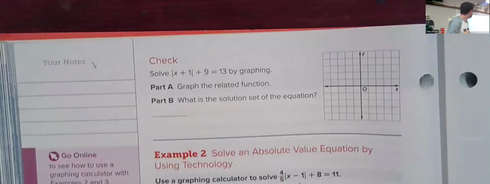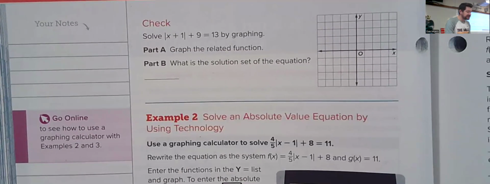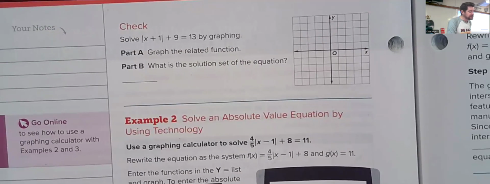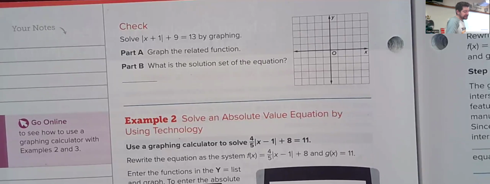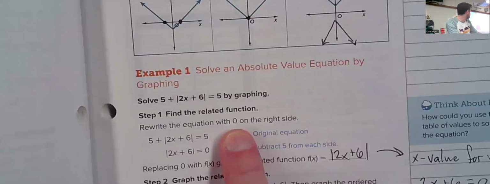Now on this one, I'm going to show you both options because we actually do have 2 options for graphing this. So I'm going to have to use a couple of different colors here, but part A says to graph the related function. So in terms of what it told us to do on the previous page, it said rewrite the equation with 0 on the right side. So let's do that.